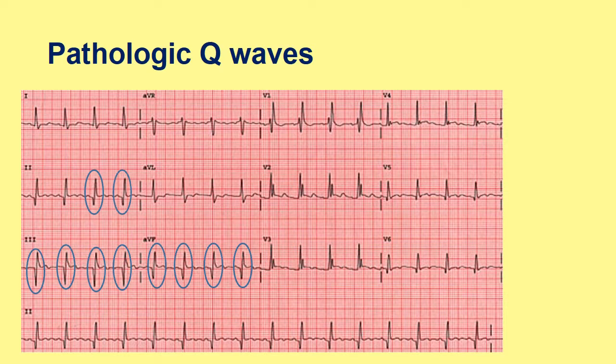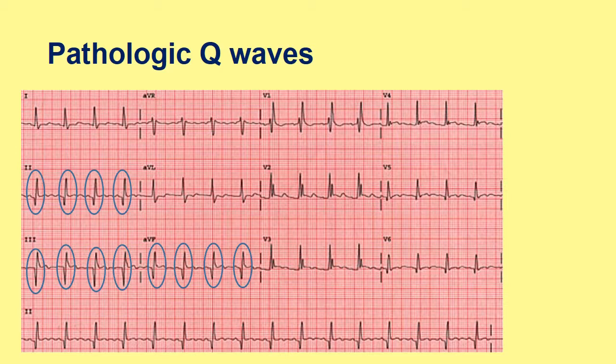And then lead 2. So you can say this person had an old MI. So which part of the heart would you say this person had an old MI in? Which part of the heart do leads 2, 3 and AVF look at? It's the inferior leads. So I'll say this person had an old inferior myocardial infarct.